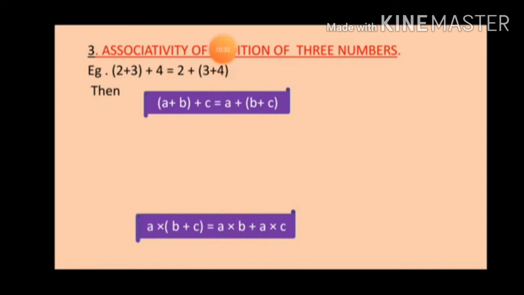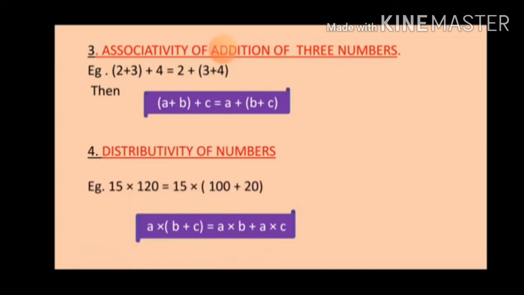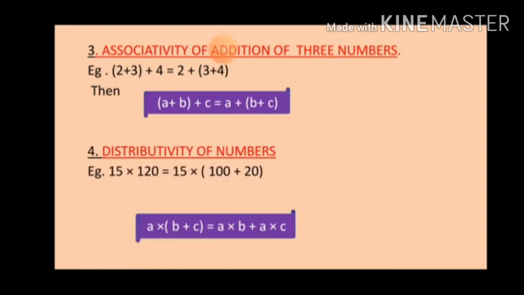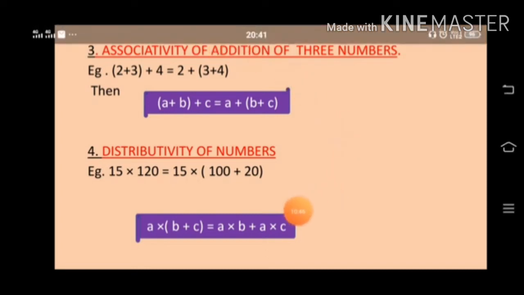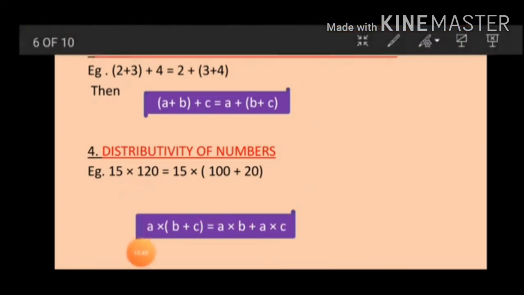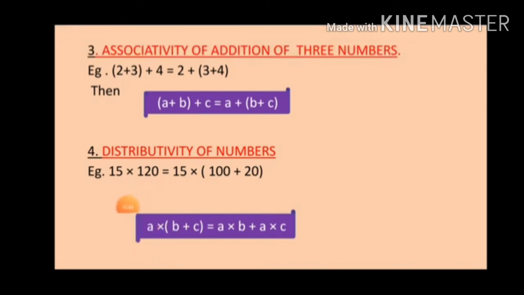Okay children, now let us learn about the distributivity of numbers. Whenever we have to multiply any two given numbers, this property can be used, and it will help us get the multiplication done in an easy way.